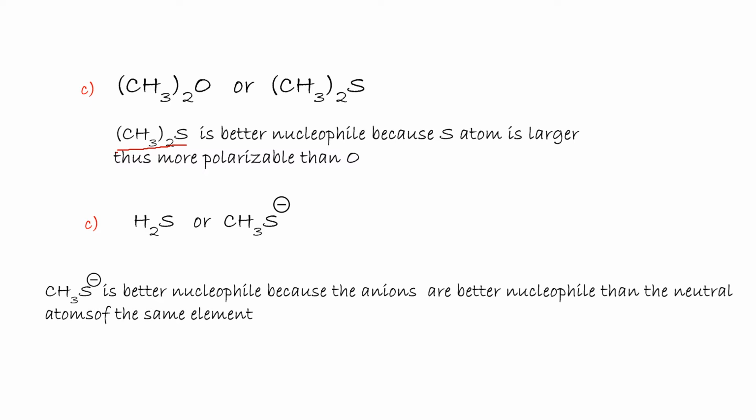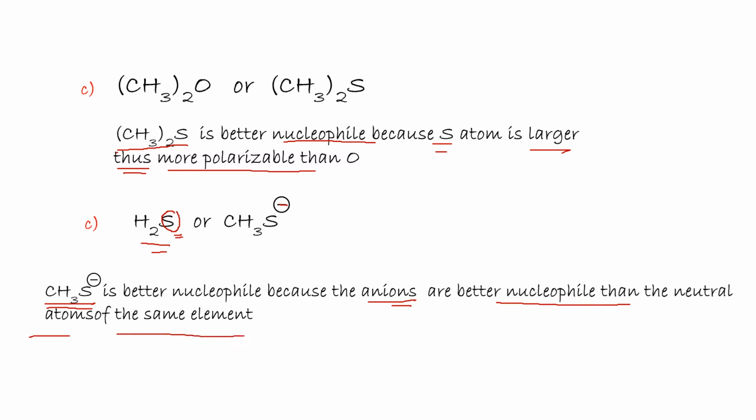Dimethyl sulfide is the better nucleophile, again because sulfur is larger than oxygen and thus more polarizable. H2S or HS minus. It is the same atom, but one with a charge and one is neutral. So HS minus is the better nucleophile because anions are better nucleophiles than the neutral species of the same element.